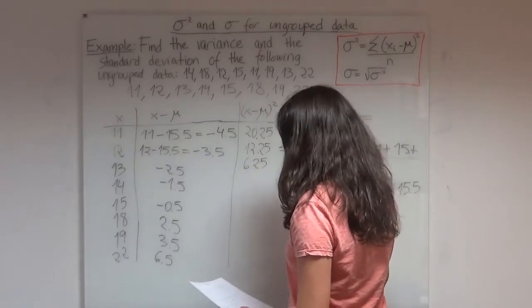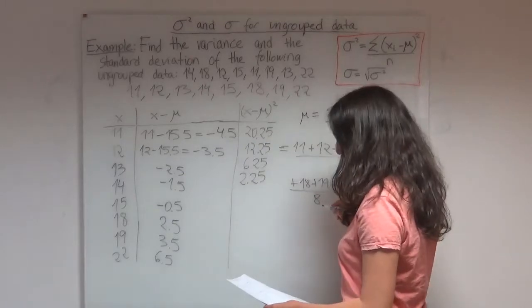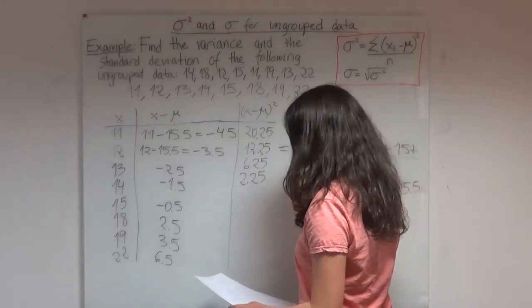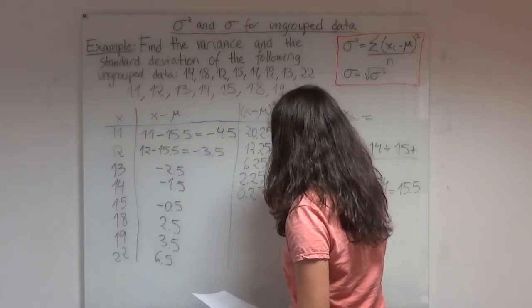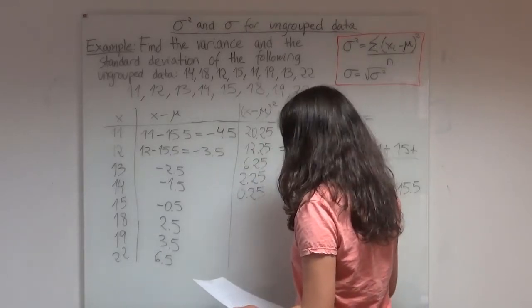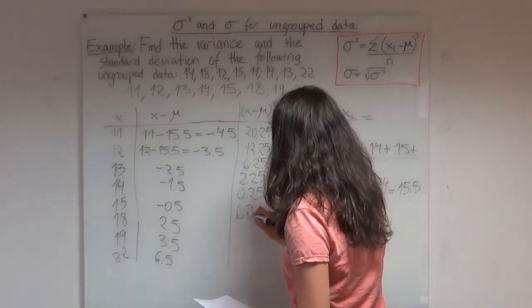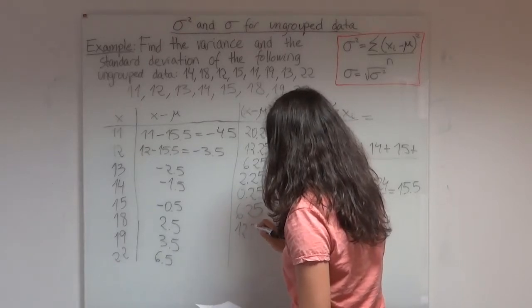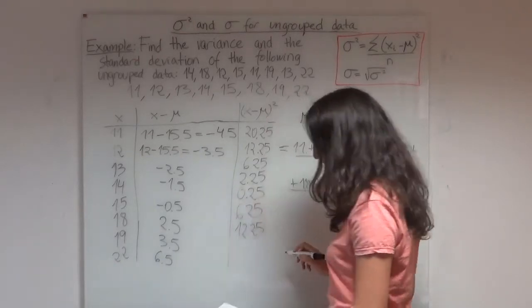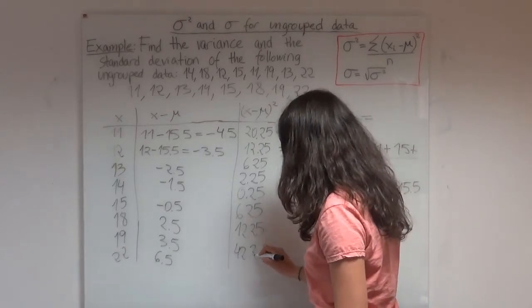Minus 1.5 squared is 2.25. Minus 0.5 squared is just 0.25. 2.5 squared, we have it here as well, is 6.25. 3.5 squared is 12.25. And lastly, 6.5 squared is just 42.25.